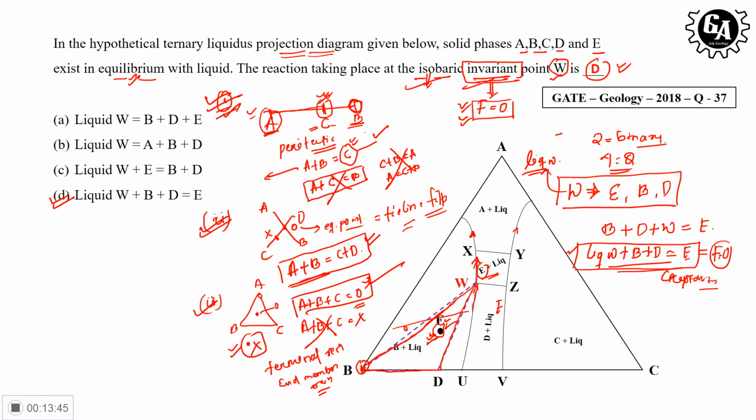If it gains some degree of freedom, then it can move on the temperature composition Tx diagram. So our answer is liquid W plus B plus D, that will give rise to E. And these are the 3 possible types of reactions we can deduce to define a chemical equilibrium in our phase rule concept.